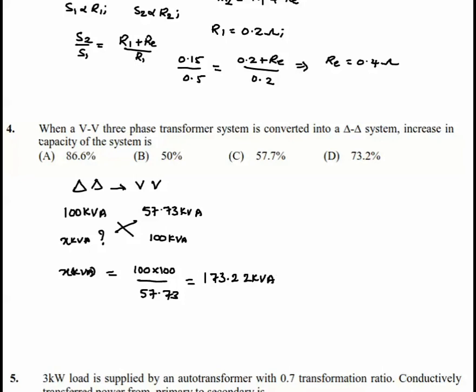If you observe how much capacity is increased, this value is 173.22 kVA. That means there is an increase of 73.2 percent of capacity. So the answer is D here.